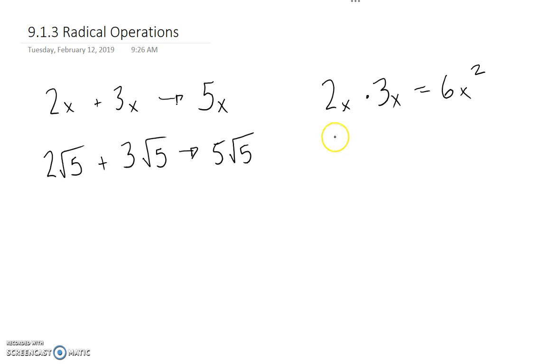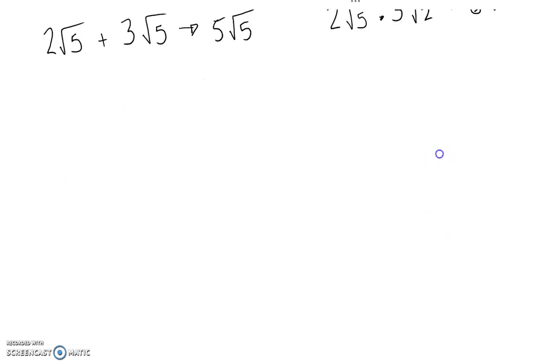If I had 2 radical 5 times 3 radical 2, I would multiply the coefficients together, giving me 6, and then I would multiply the radicals together, giving me square root of 10. Easy, right? Okay, let's see how that's going to look in your homework.